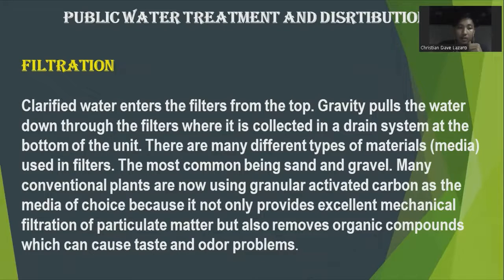Many conventional plants are now using granular activated carbon as the media of choice, because it not only provides excellent mechanical filtration of particulate matter, but also removes organic compounds which can cause taste and odor problems.